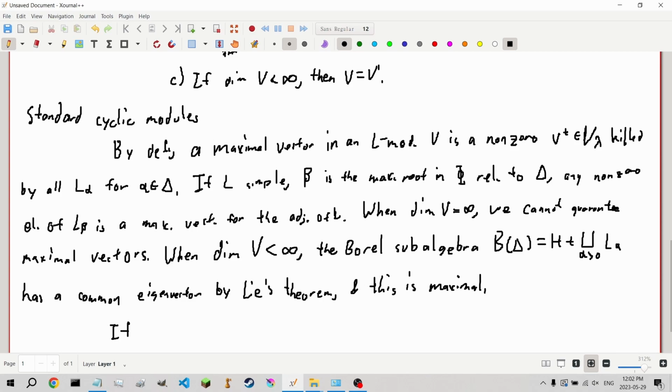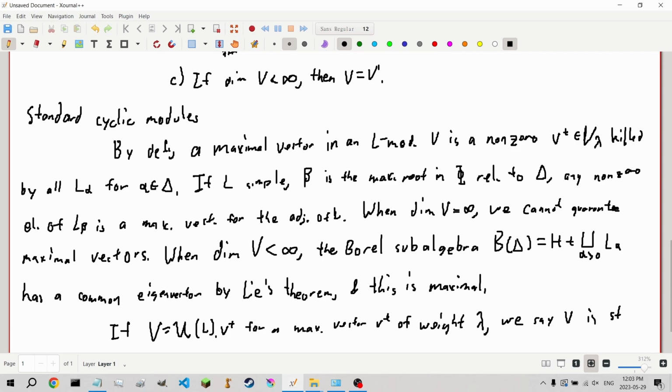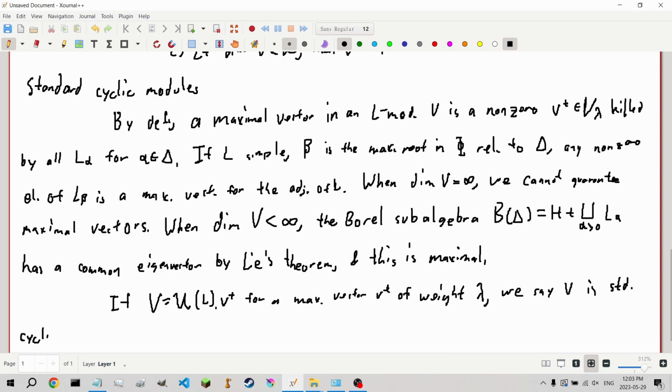If V is U(L) acting on v plus, for a maximal vector v plus of weight lambda, we say that V is standard cyclic, and lambda is of course the highest weight of V.